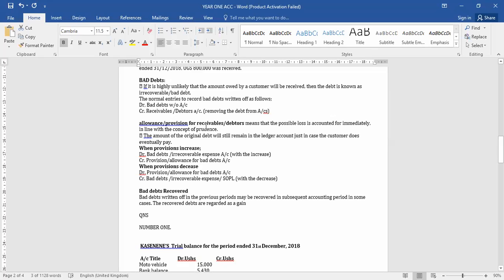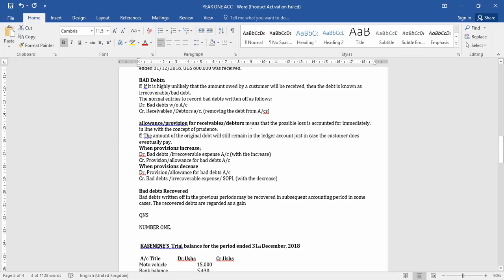Then the board sat and is going to put money aside to cater for the debtors, just in case they haven't yet paid.